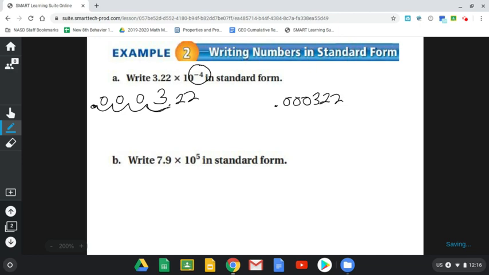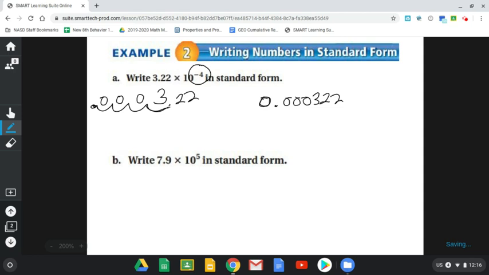The last thing is that in mathematics, we don't like to have decimals that don't have something in front of them. So we're going to add 1 extra 0 out front so that we know this is smaller than 1, not smaller than 0. It's going to be less than 1. So this 0 out front tells us that this number is less than 1.